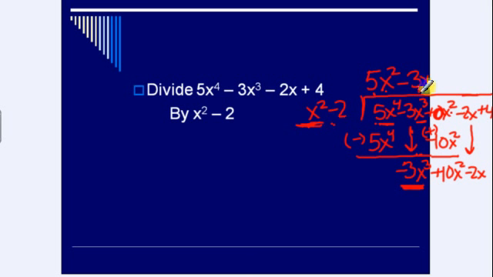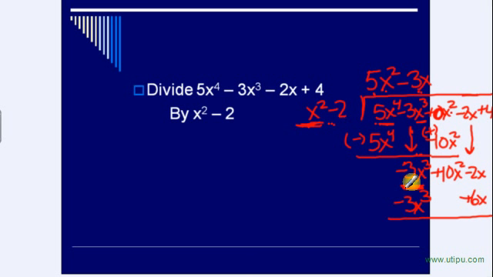So negative 3x times x squared is negative 3x cubed. Negative 3x times negative 2 is plus 6x, and I'm not going to make the same mistake this time. I'm going to add that over here to the x column, so plus 6x. And now I'm going to subtract.